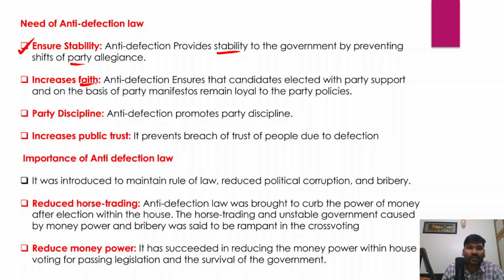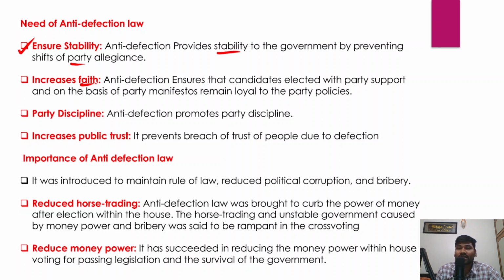Secondly, it also ensures faith. When I say it increases faith, generally what has been happening at the ground level is that a member is elected from one political party, on the symbol of that particular political party, but later, because of his personal interest, he joins another political party.